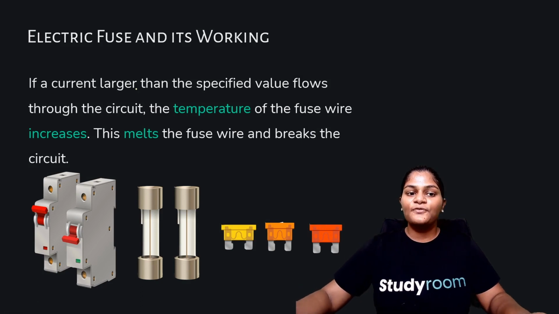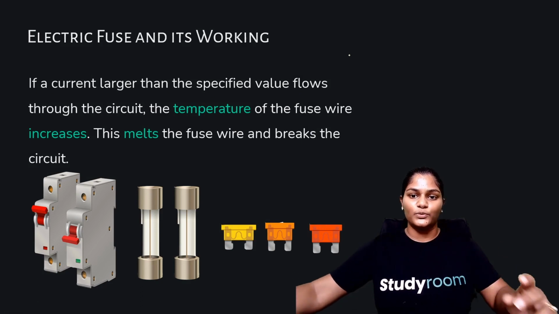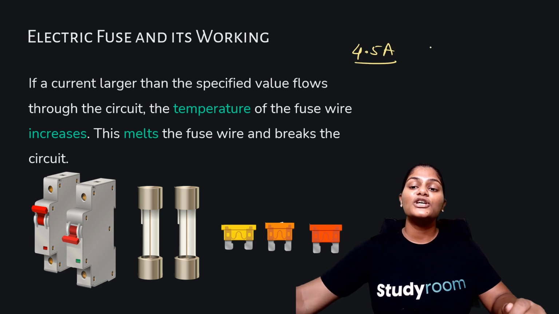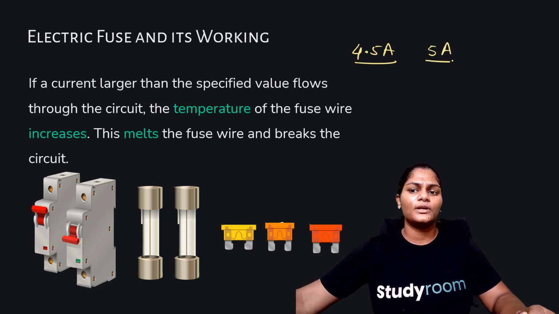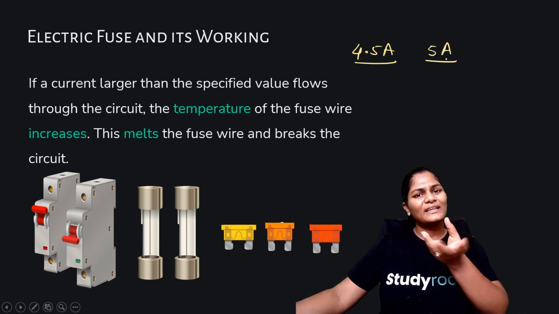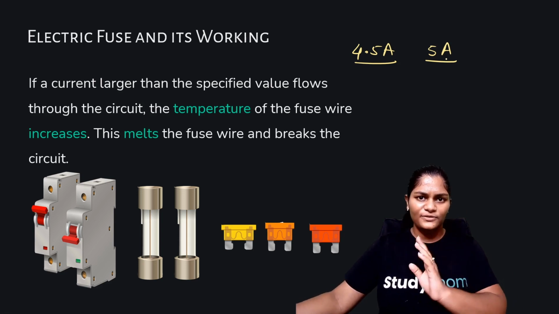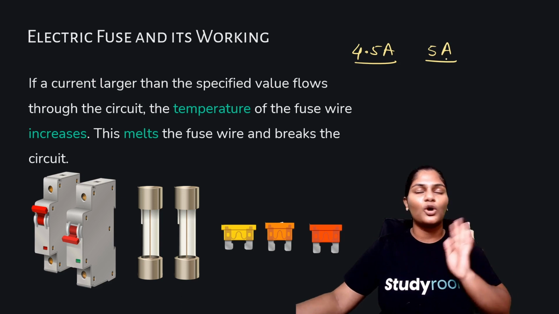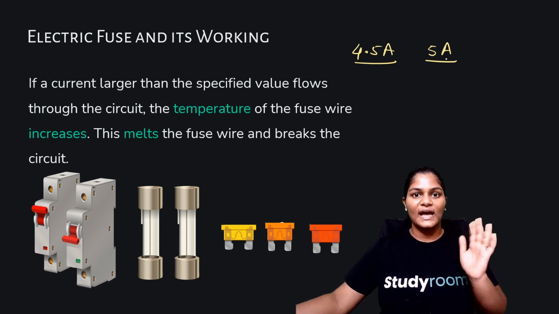So it says that if a current larger than the specified value, like in the last question, we saw that 4.5 amperes was the current required by my heater. So I put a 5 ampere fuse, which means I am giving a margin of around 0.5 amperes, because a 0.5 ampere increase in the current is not going to damage my device as much.